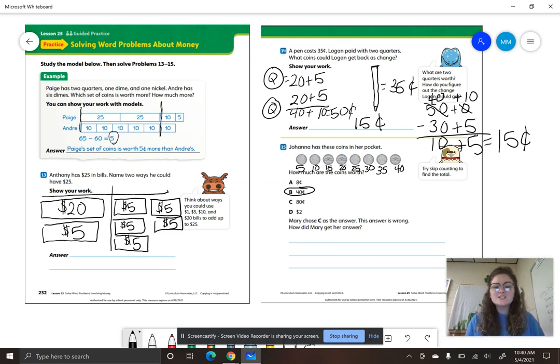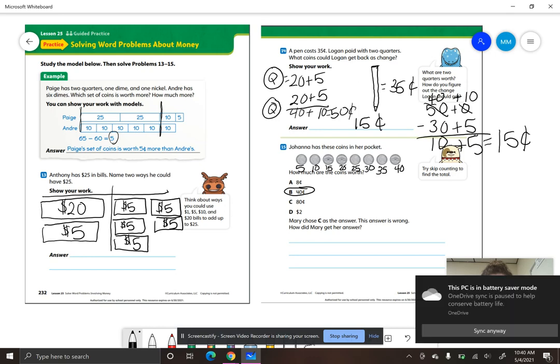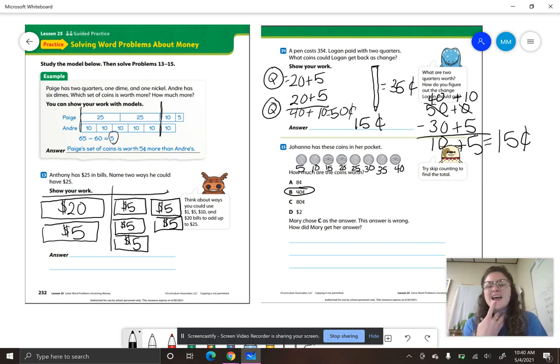It says Mary chose C as the answer. This answer is wrong. How did Mary get her answer? Ooh. So Smarties, we have 8 coins. We know they're nickels. We got 40 cents because we know that 8 nickels is worth 40 cents. How did she get 80 cents?